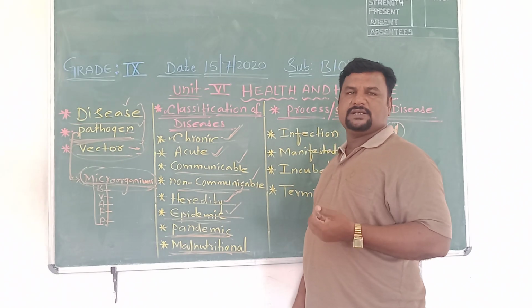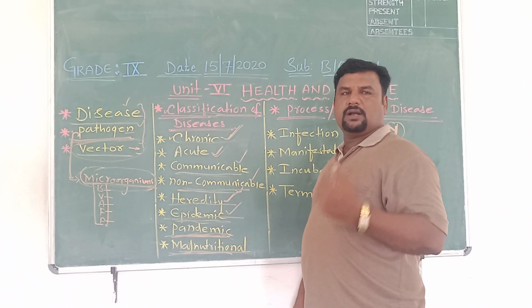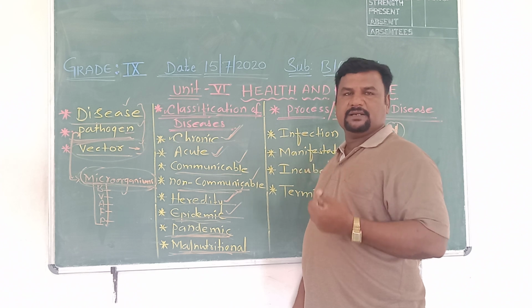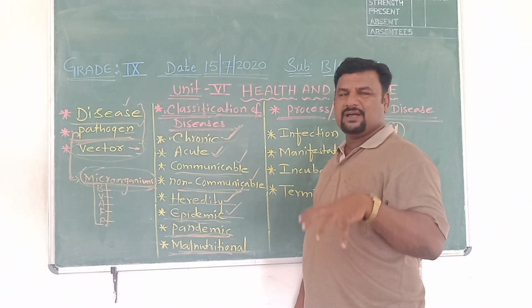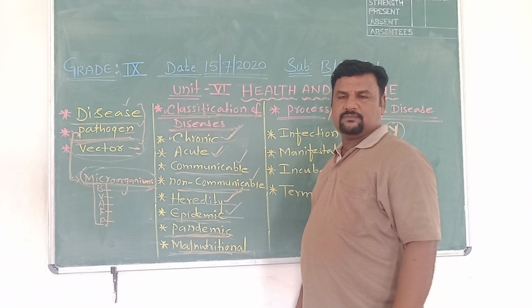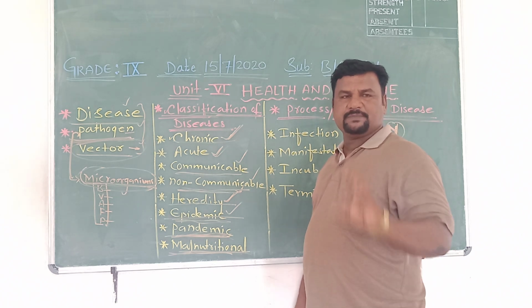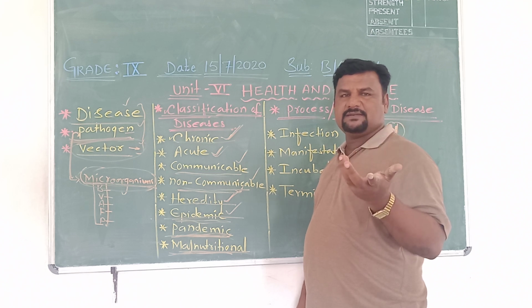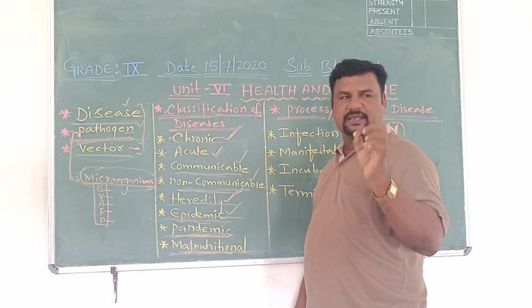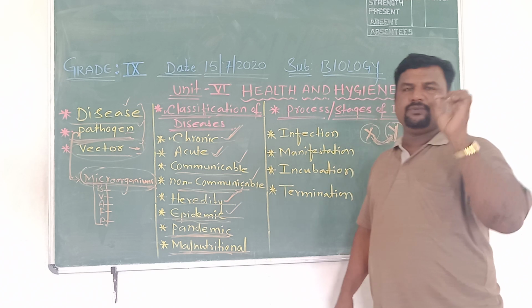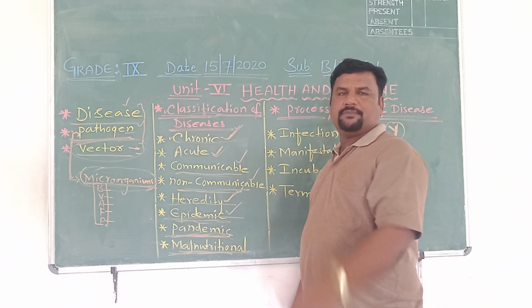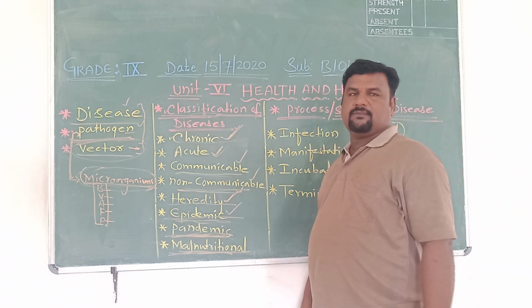Another example is color blindness, night blindness. These are examples of deficiency disorders. And beriberi. What is beriberi? It is a disease where small blisters appear on the skin, and we get it due to deficiency of vitamin B, thiamine.